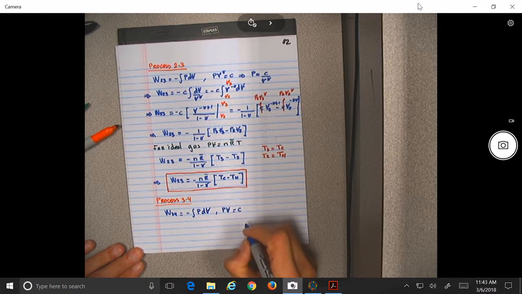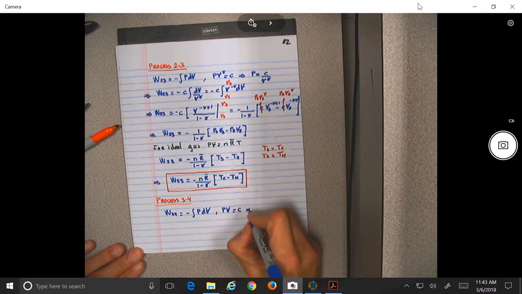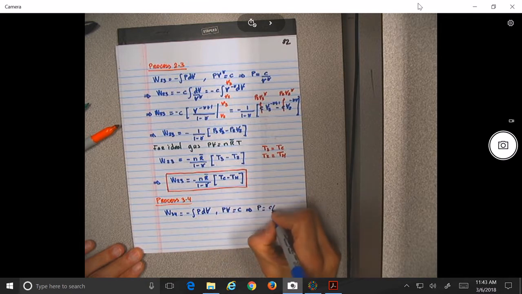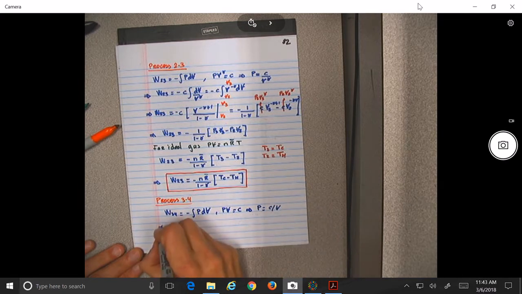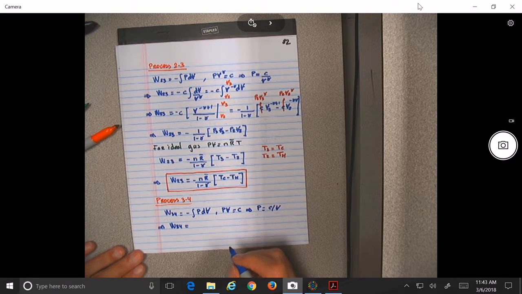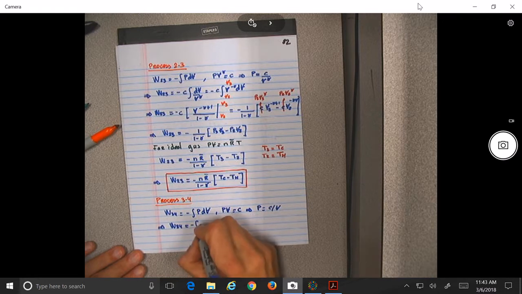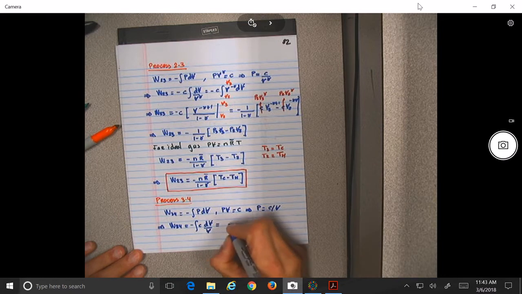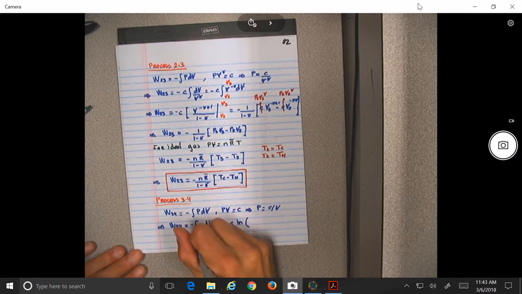PV equal to a constant, which means P equals C over V. So work 3/4 would be equal to, let me just do the integral once more, minus C dV over V. So this will be equal to minus C log, what are the limits?